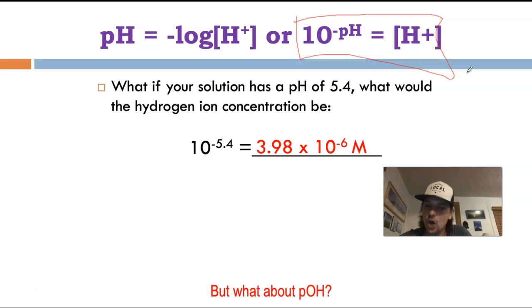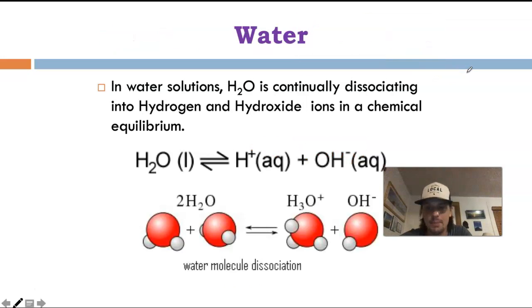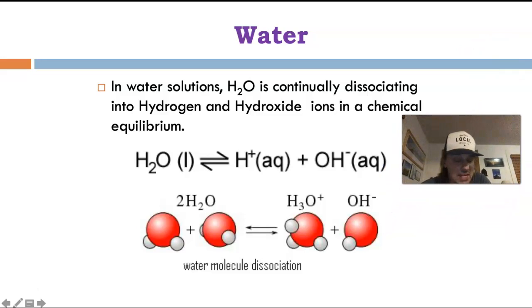But what about pOH? Well, remember, pH and pOH are related to each other. We said pH plus pOH always equals 14. They have an inverse relationship, because as one goes up, the other goes down. They're always going to add up to 14.